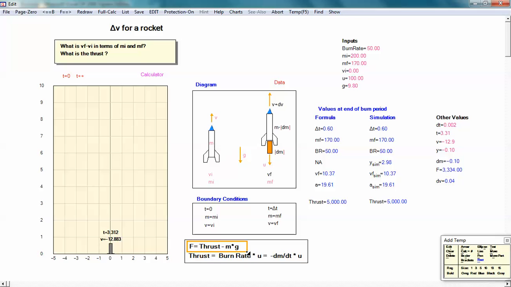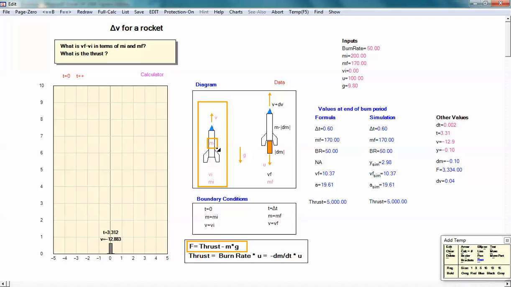And let's go up here to our diagram and go over some of the terminology that we'll be using. So we're going to be looking at the rocket at some arbitrary point in time, and at that point in time it's going to have a mass m, which again is made up of steel in the rocket, steel and plastic and maybe even the astronaut, and the fuel.